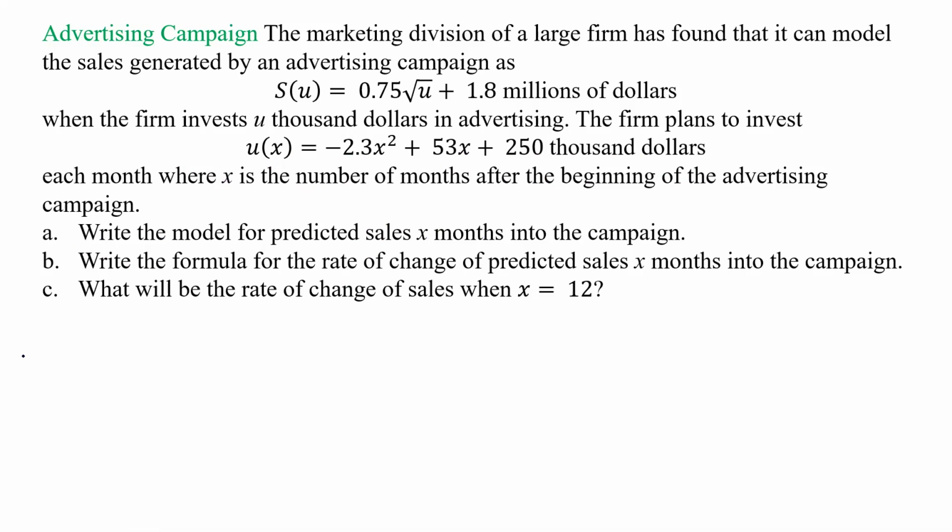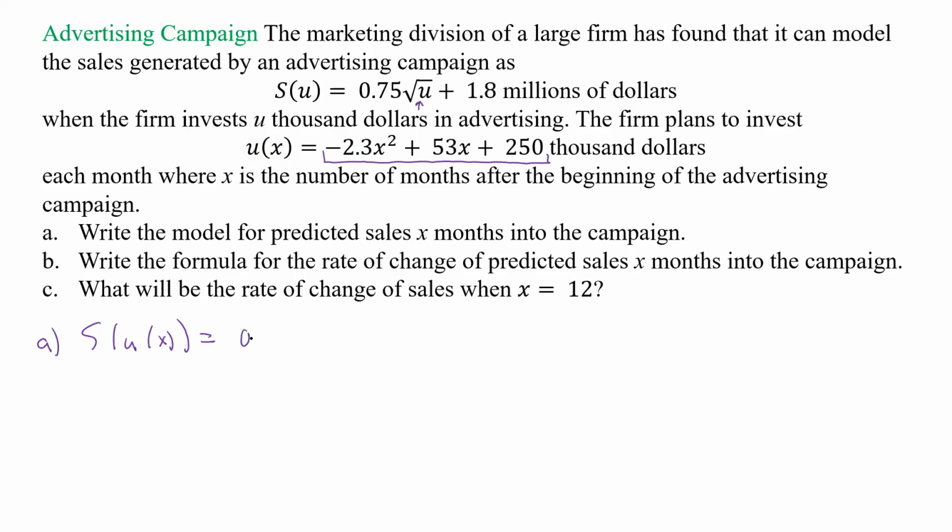All right. Well, sales is going to be S of u, but we have to predict how much we plug into it. That's the number of months into it, and that's how much we plug in, in the thousands of dollars. So we want S of u of x. That means we're going to plug this into u.